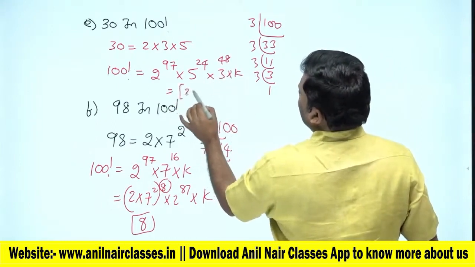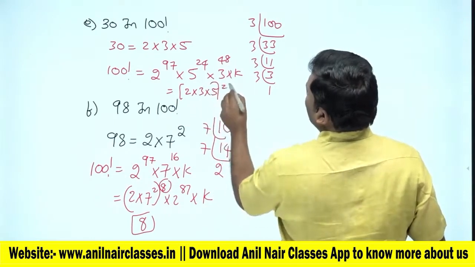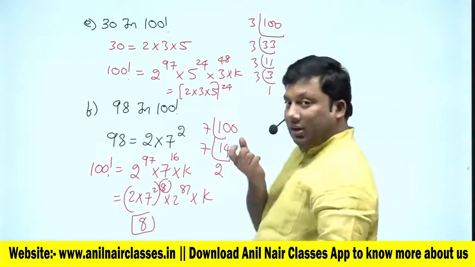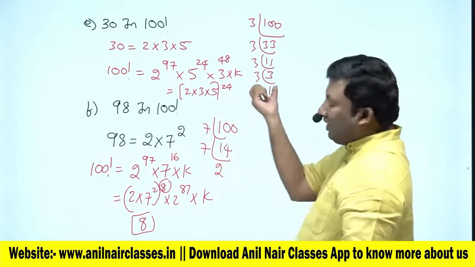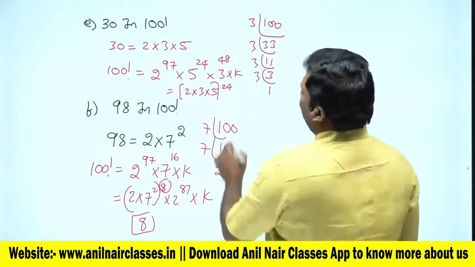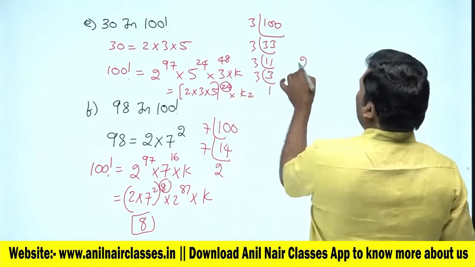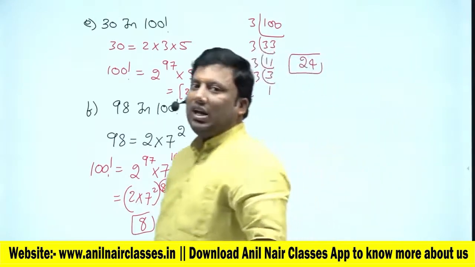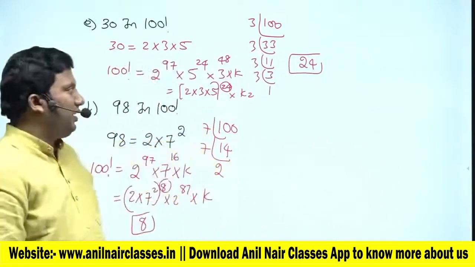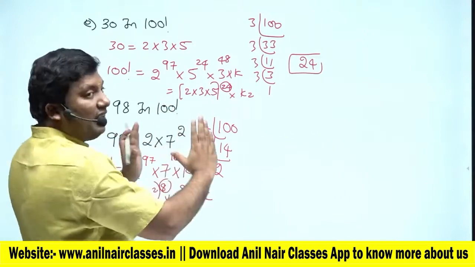So this can be written as 2 into 3 into 5. What is the lowest I can take? 24. 2 power 24 is a sub-element of 2 power 97. 3 power 24 is a sub-element of 3 power 48. So the remaining k2 I will get. So what is the answer? The answer will be 2 into 3 into 5, that is 30 power 24. It will be 24. These are the foundation based problems for the highest powers.